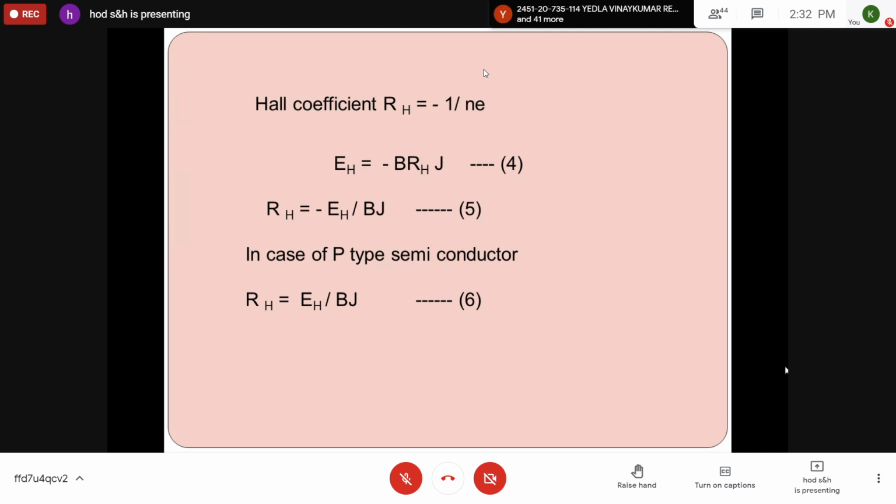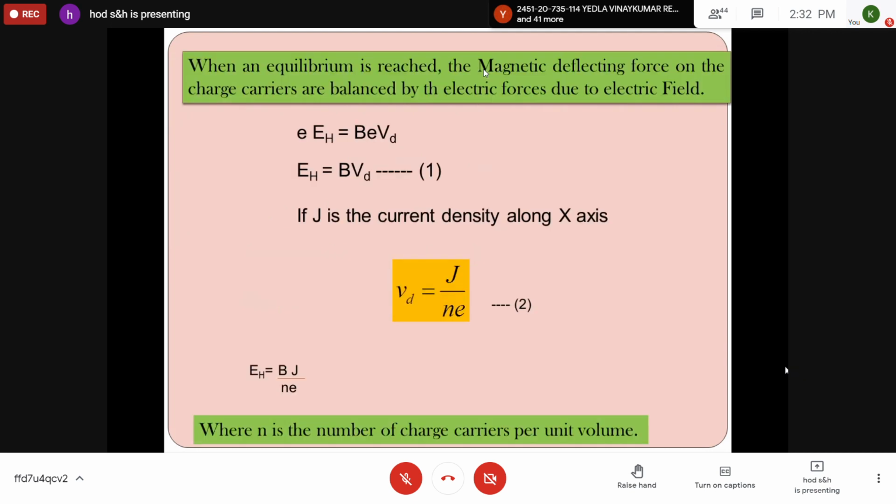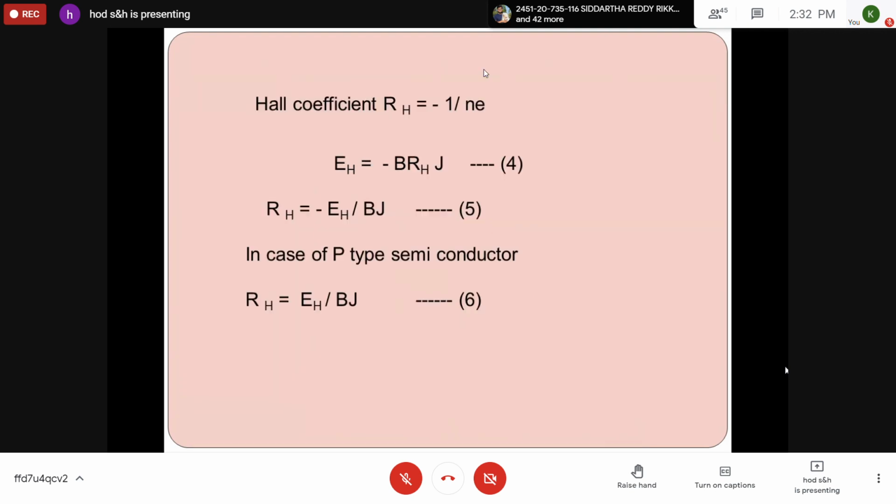Therefore, in the previous expression, you have EH is equal to BJ by Ne. So 1 by Ne can be written as minus RH. So EH is equal to minus B into RH into J, because RH is equal to minus 1 by Ne. Therefore, RH is equal to minus EH by BJ.